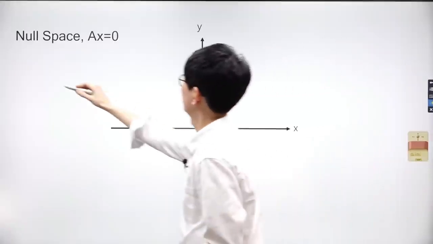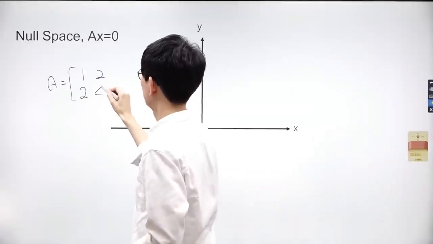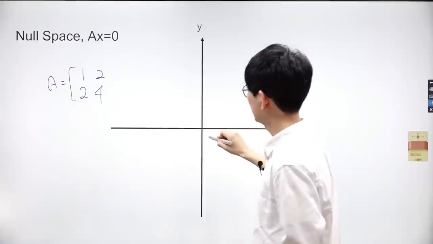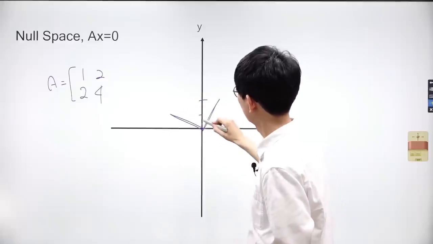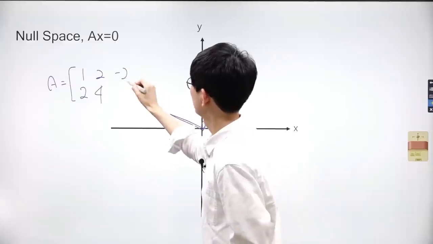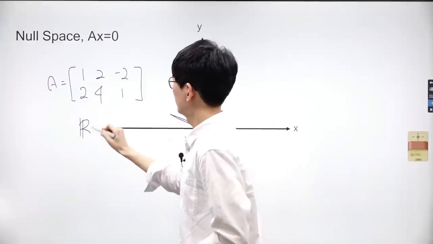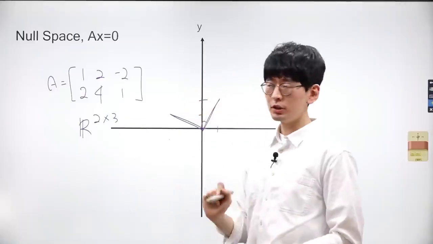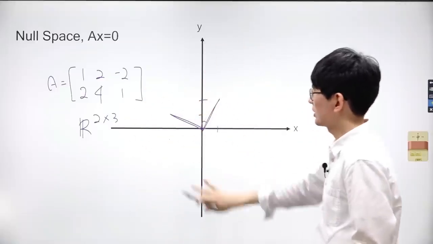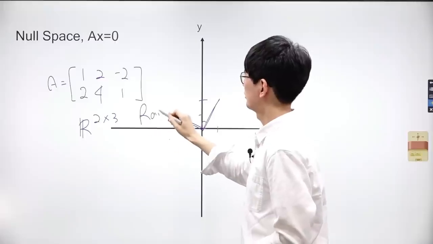Now let's include vector x with values -2 and 1 into the matrix, which is perpendicular to vector A. As a result, matrix A becomes a 2 by 3 matrix, and its rank increases to 2. In other words, the 3 vectors within the matrix can span the entire plane.